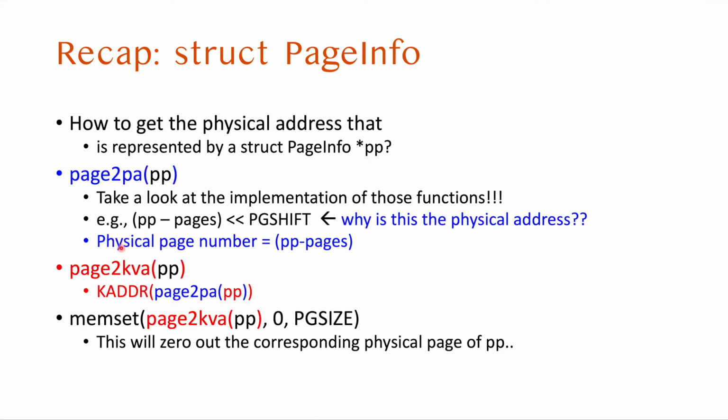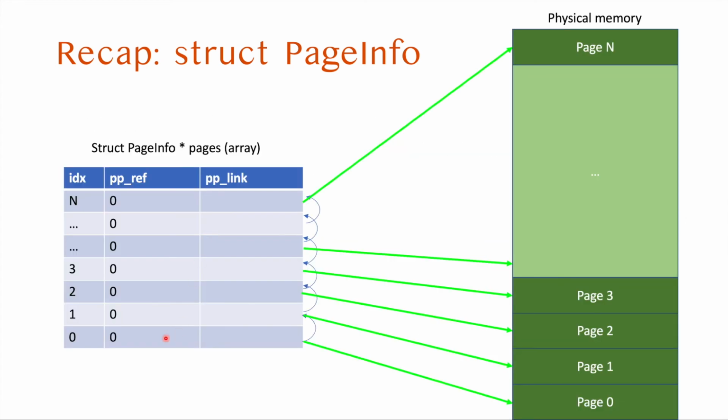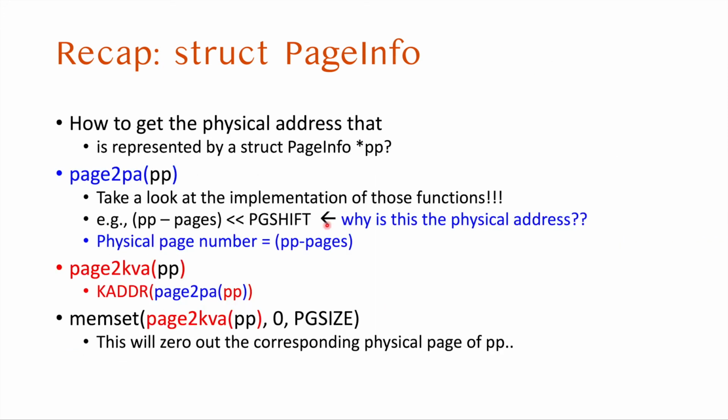Then it makes sense that it indicates a physical page number, because index 0 manages page 0, index 3 manages page 3, index n manages page n, so that naturally fits with pointer arithmetic. And this is how we translate a pp to a physical address.